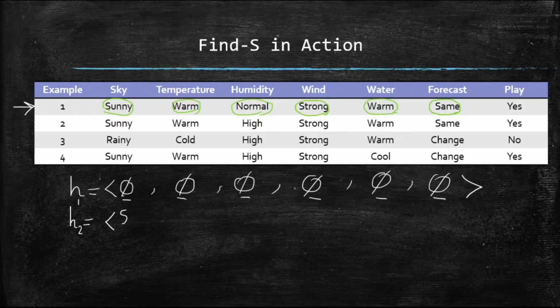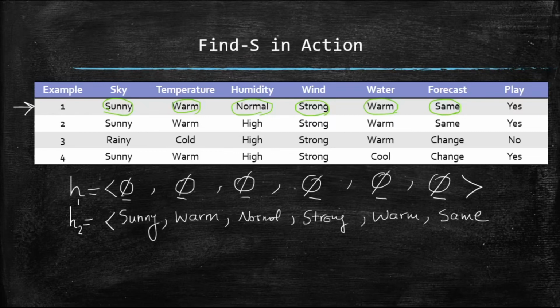The next immediate answer would be the exact values that we have in our example. That's all you have to do. Sunny, warm, strong, warm. You see, I'm just copying the values for x of 1.